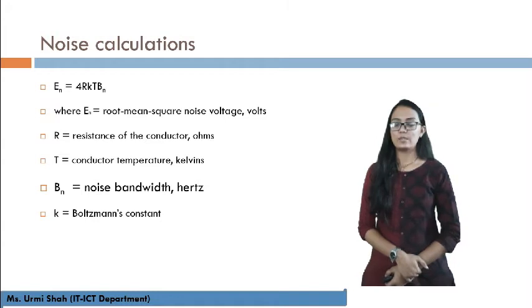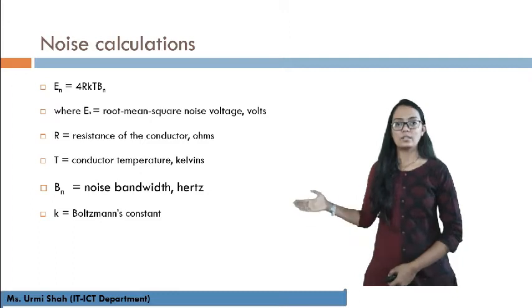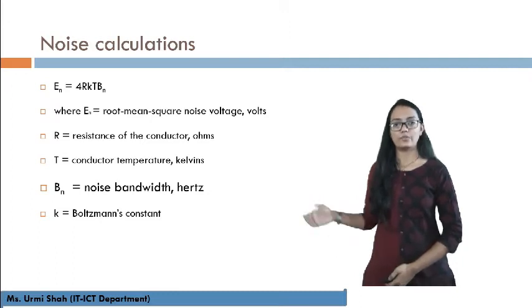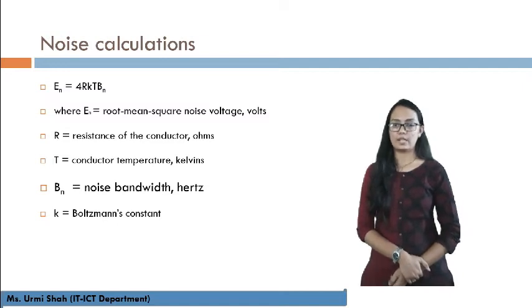K is the Boltzmann constant, which has the value 1.38 into 10 raised to minus 23 joule per Kelvin. So this is the formula if you want to calculate the thermal noise.